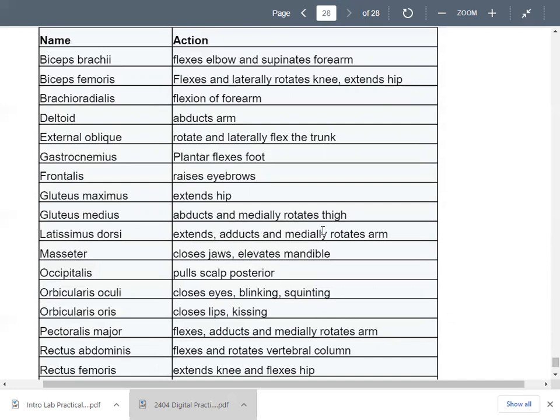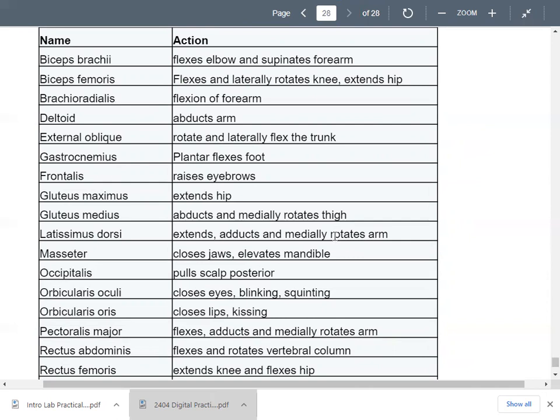Latissimus dorsi in the back helps you with adducting, excuse me. So you're bringing arms back in, adducting, and medially rotating your arm. So like people do weights, if they do like cable curls, bringing the cables down, a lot of times they're working their latissimus dorsi.